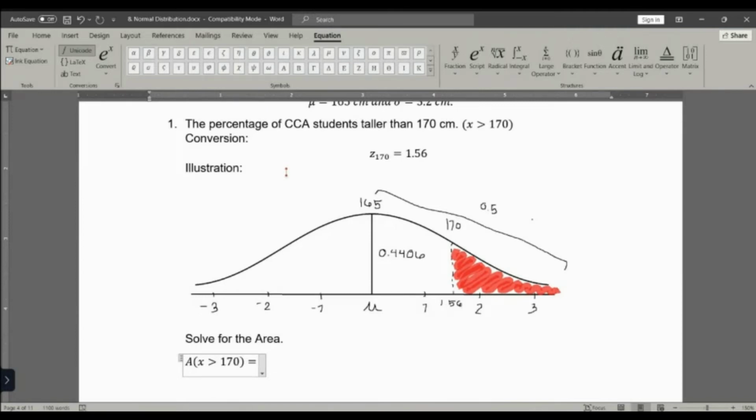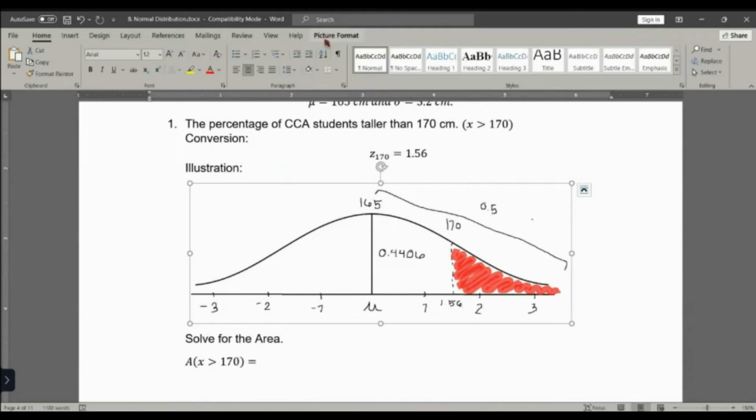Kunin muna natin yung unshaded. This is my suggestion, Hannah, no? You can already set aside the half. Okay?